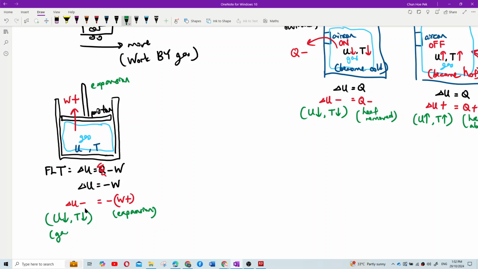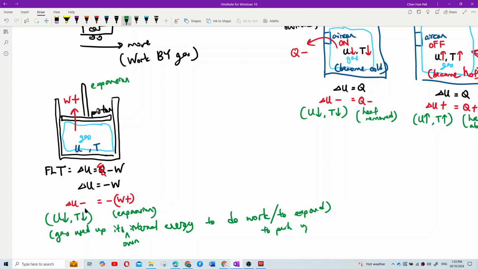Gas used. It means that gas uses up its own internal energy to do work or to expand, to push up the piston.